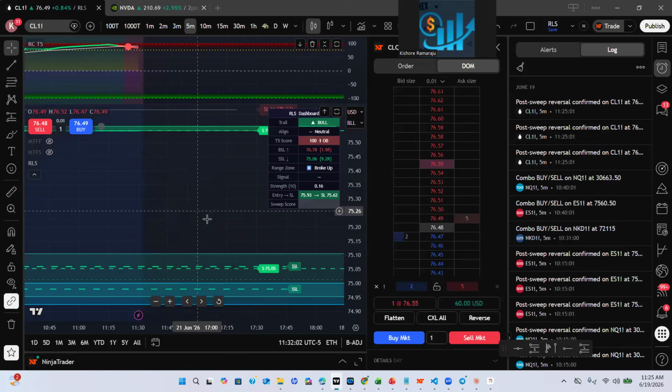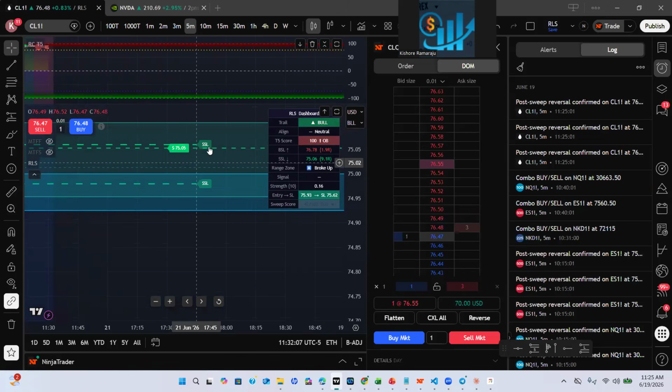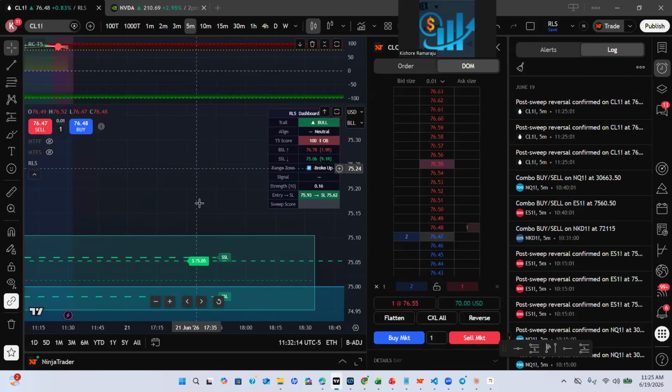So you have 75.05, where you have sell side liquidity again, right? Where they can do the sweep again. But it doesn't mean it will directly come all the way here. There can be a lot of ups and downs.